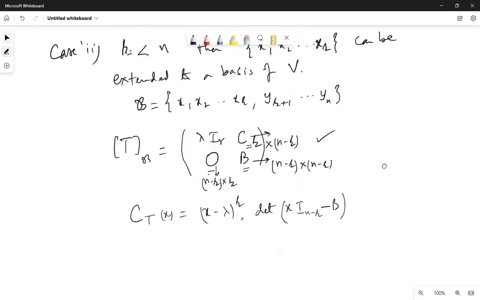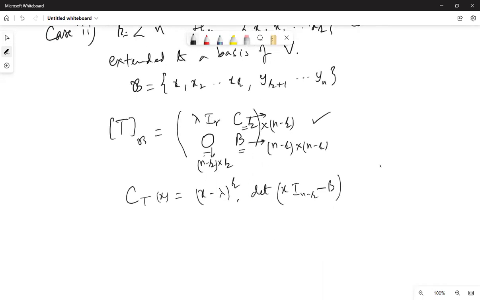No lambda is being repeated here because the geometric multiplicity of lambda is taken as r. Here, what is the algebraic multiplicity of lambda?